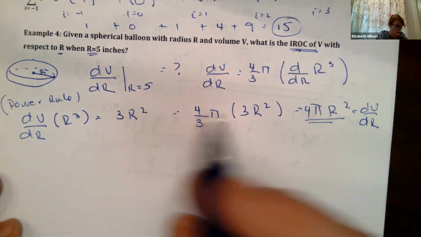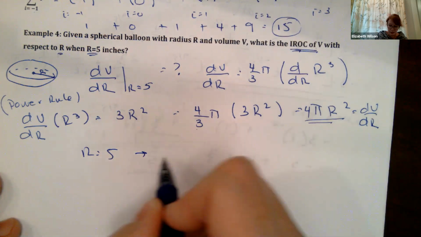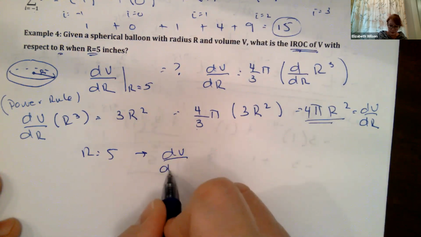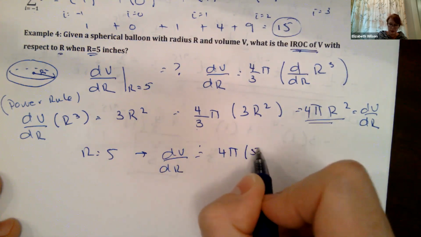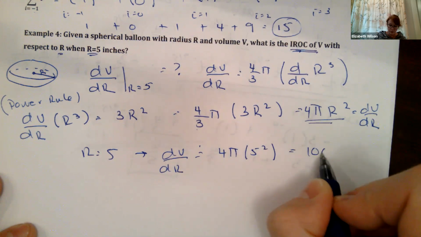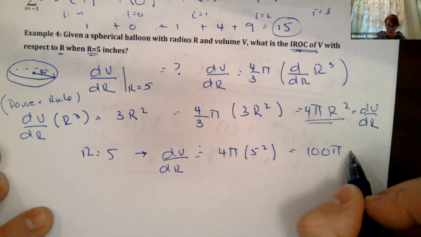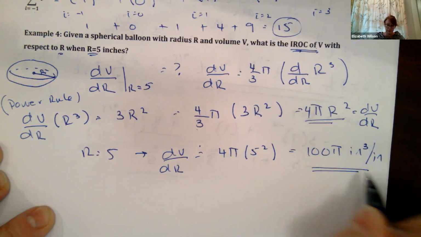Now we said when r equals 5, I'm going to plug that in. So I get dV/dr equals 4 times pi times 5 squared. And I just multiply it out, so I get 100 pi. And this was in inches cubed per inch.